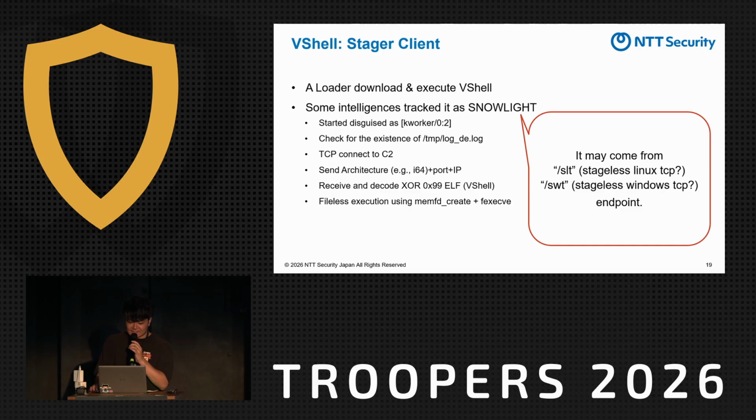In response, the server returns an ELF format VShell binary encoded with XOR Rex99, which the loader decodes and executes. A notable characteristic is the use of fileless execution through memfd_create and fexecve, allowing the stageless malware to run without writing anything to disk.